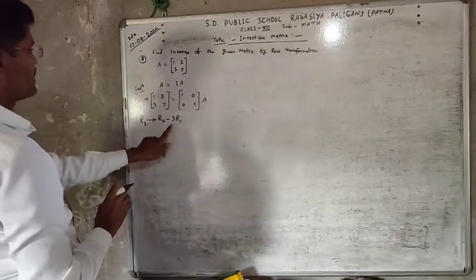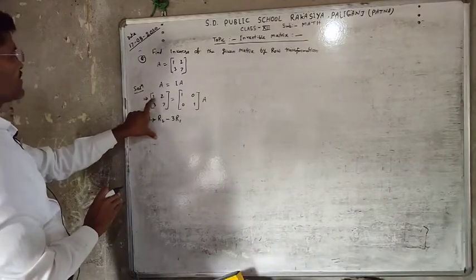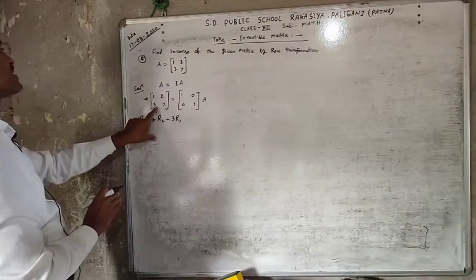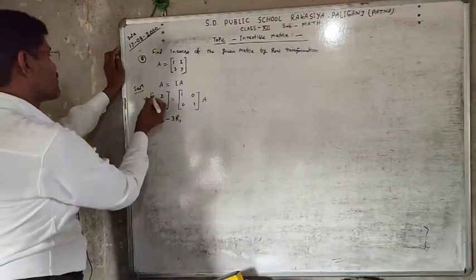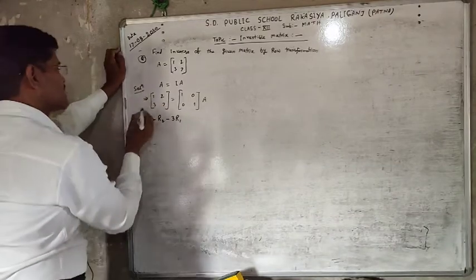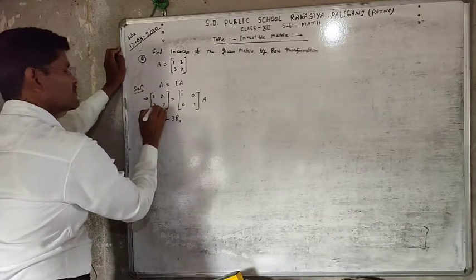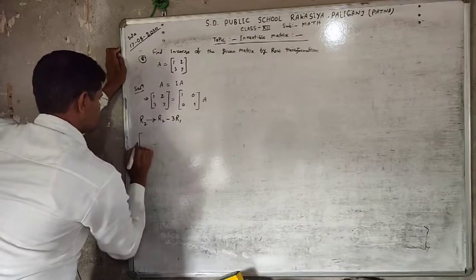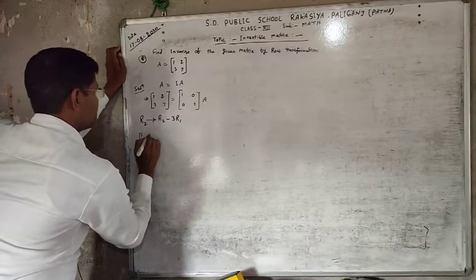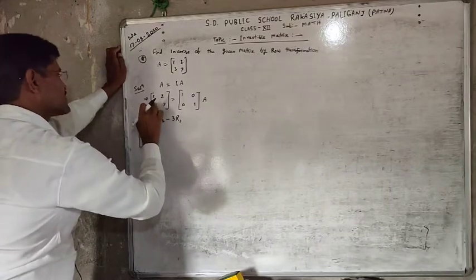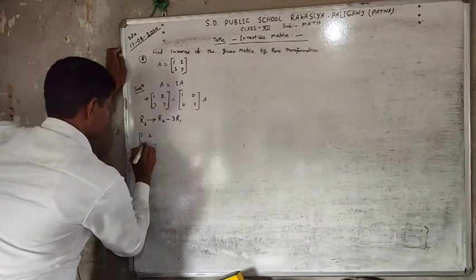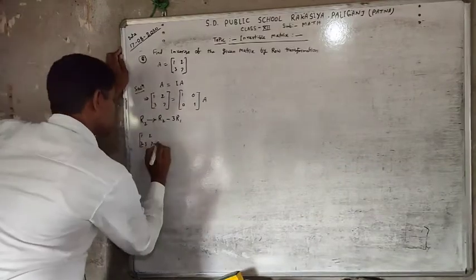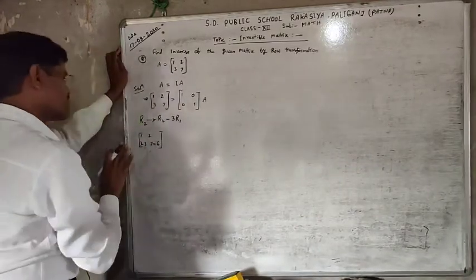If we multiply R1 by 3 and subtract from the second row, then 3 minus 3 will be 0. Hence the matrix becomes 1, 2; 1 into 3 equal to 3, means 3 minus 3 is 0; 7 minus 2 into 3 is equal to 1.